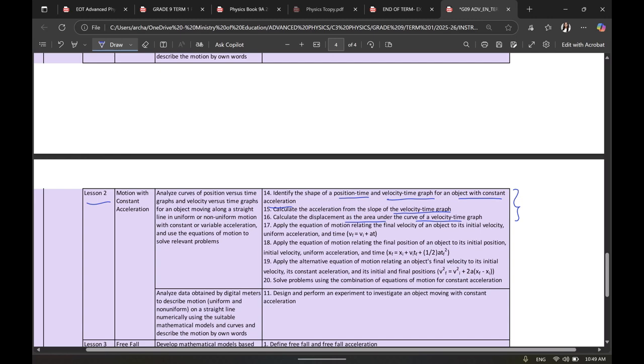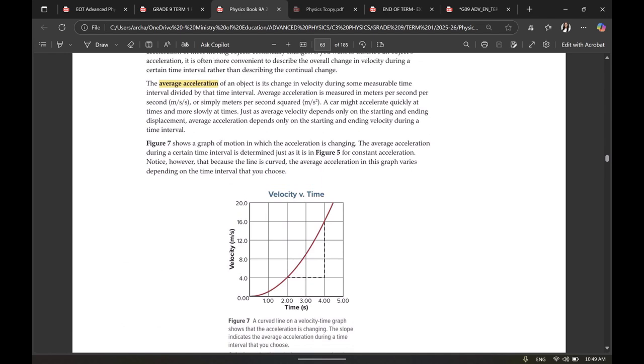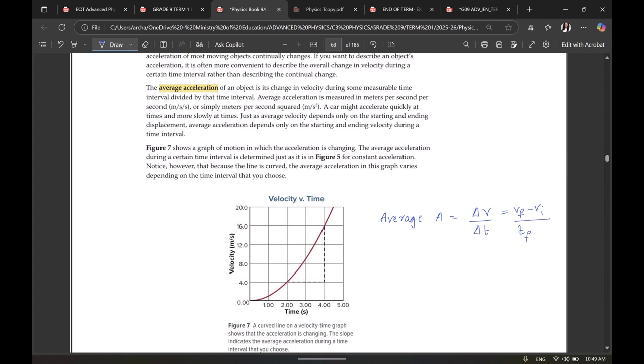According to our textbook, we know what average acceleration and instantaneous acceleration are. There are two types of acceleration. Average acceleration is the change in velocity, delta v, which is vf minus vi, divided by a measurable time interval, delta t, which is tf minus ti.